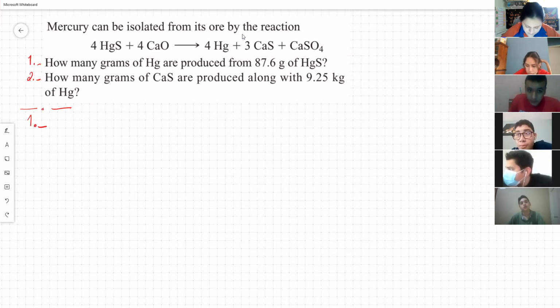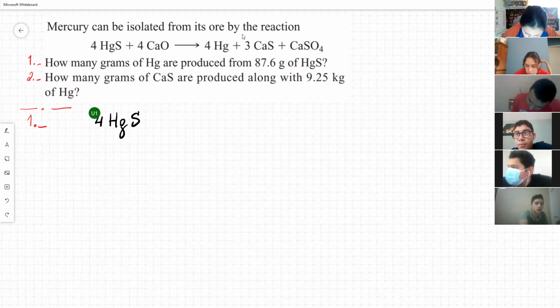So in my first question, in my first exercise, I'm going to work with the same equation, but I'm just going to focus on the question that it is asking you to do.